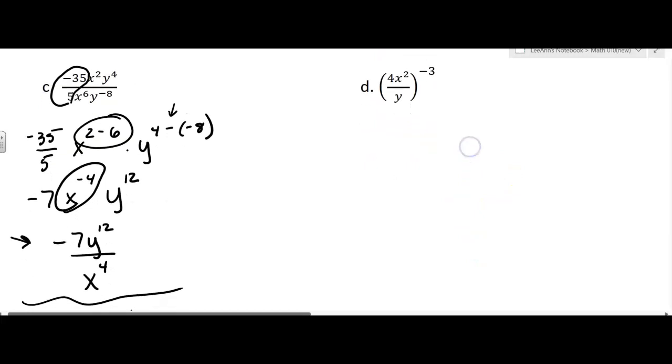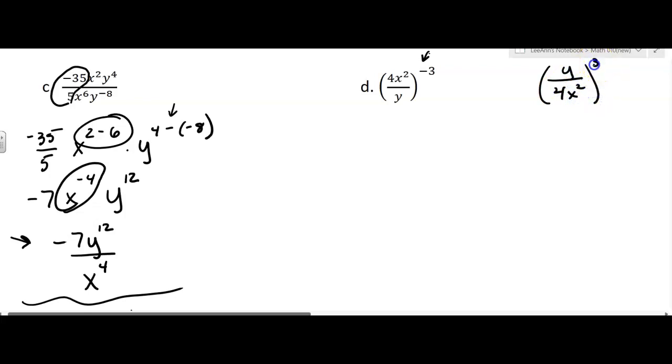Like this one. I have a negative exponent out here, don't I? So what way do I want to do this? I could teach you another little rule that would help maybe, but what you can do is just reciprocate the whole thing. This is probably the easiest way to do it.